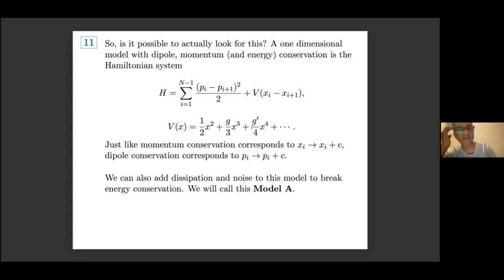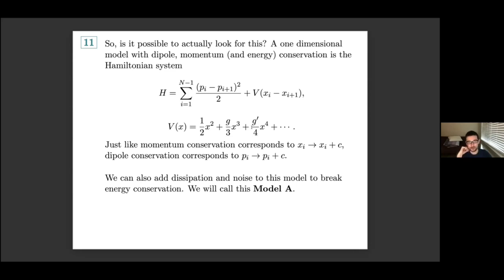So momentum, number, and dipole. You could have a completely quadratic model, right? Because it's stochastic, it's probably going to be ergodic. It depends on the nature of the noise, I think.